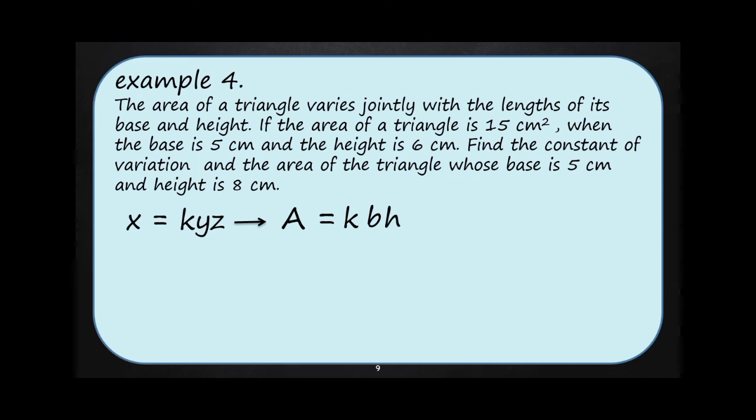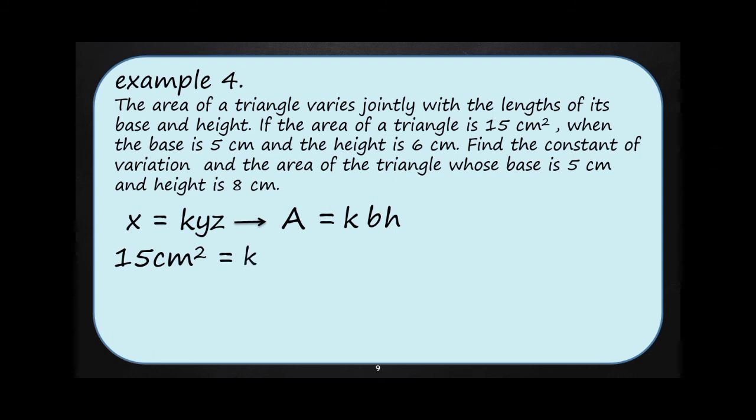So b is the base and h is the height of the triangle. So let us now substitute the given values of the base and the height. So we have the area, which is 15 square centimeters.